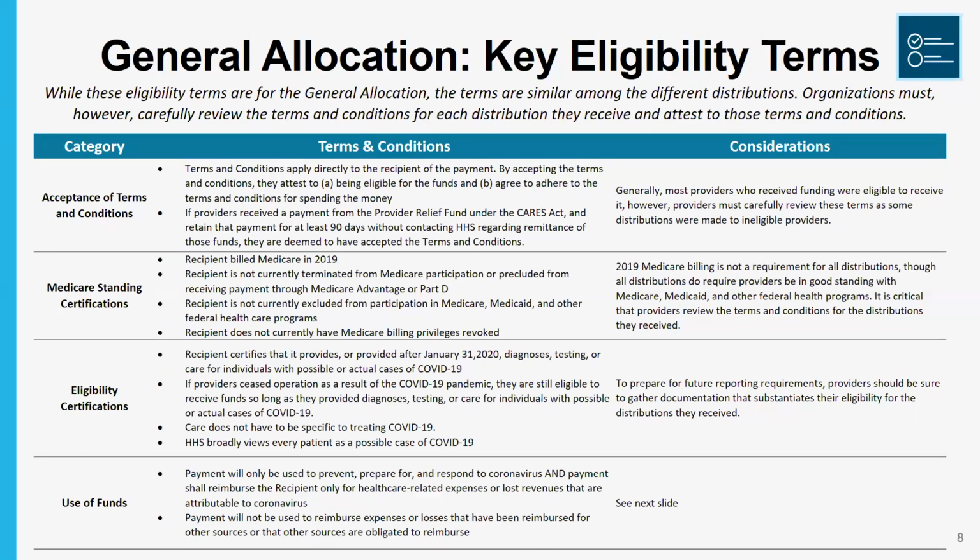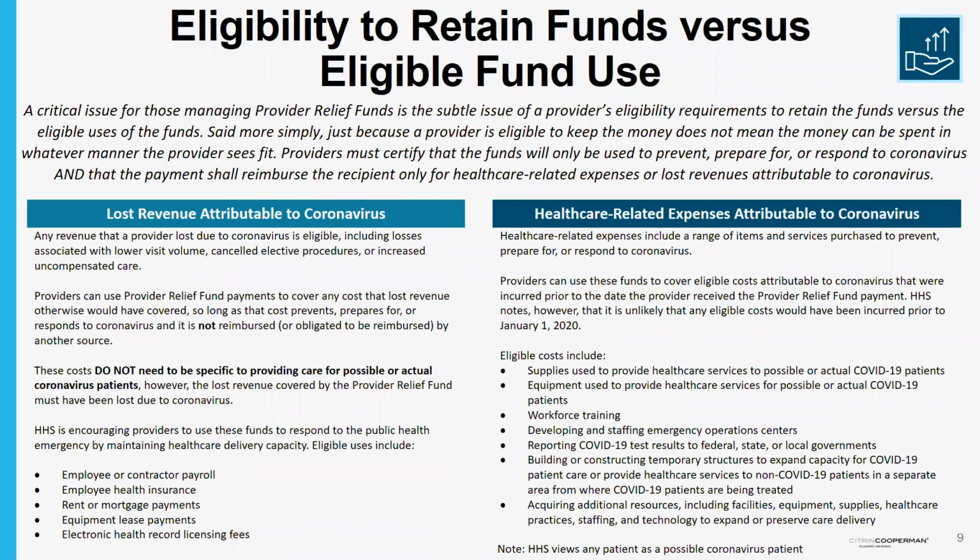The key is going to be what the funds can actually be used for, and that's what we're going to get into next. If you go to the next slide. Here we really talk to the difference between eligibility to retain the funds versus the eligible fund uses.